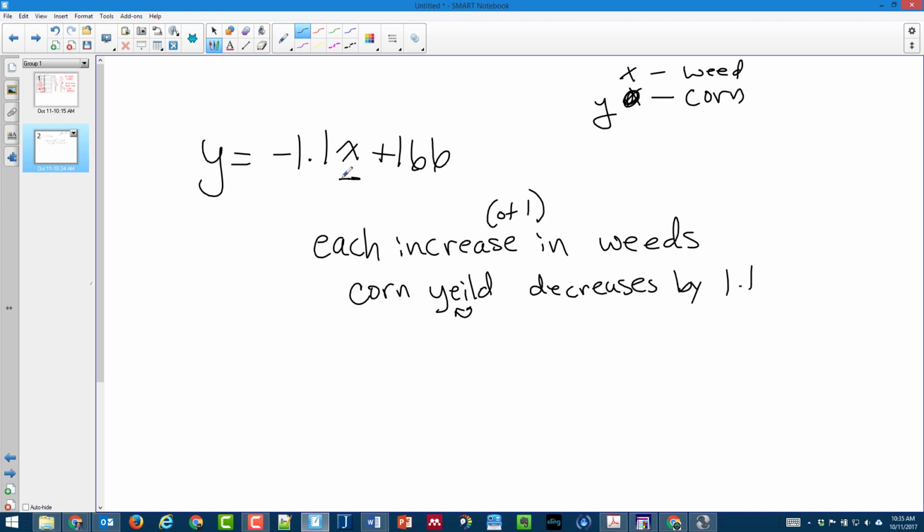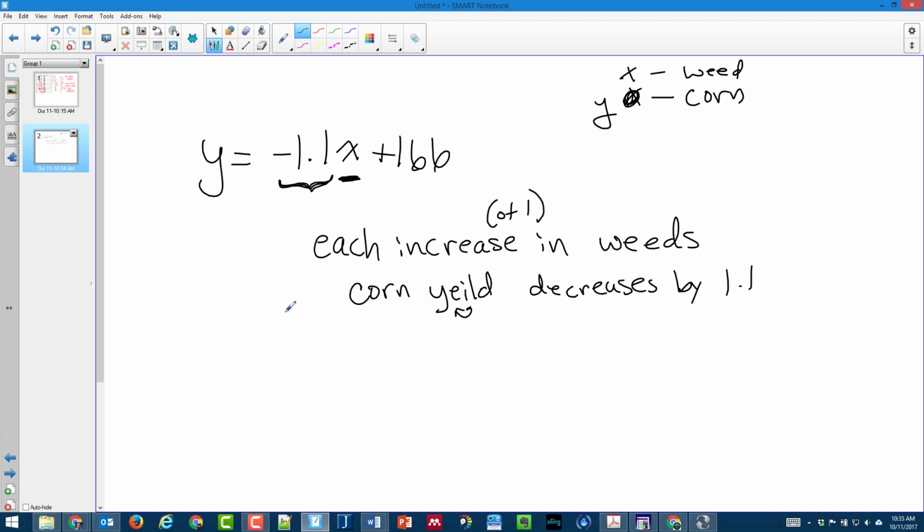That's always the key. Describe it in terms of the x's. Every time an x increases by 1, in this case, every time there's an extra weed per acre, there is going to be a decrease in corn yield of 1.1 bushels per acre. So that's what the slope is telling me.